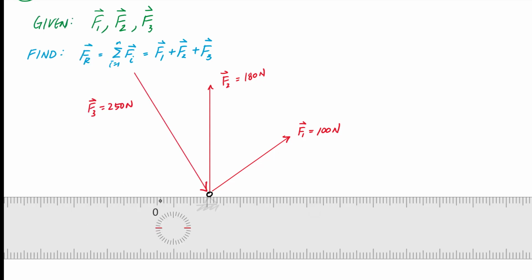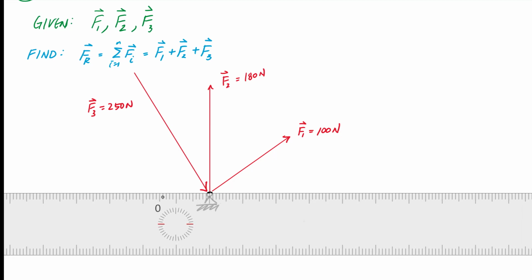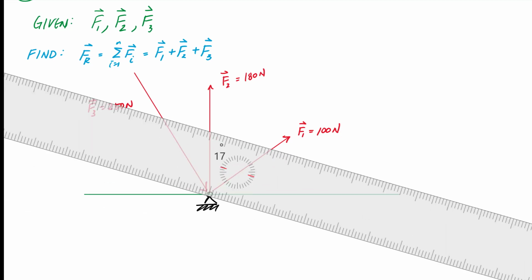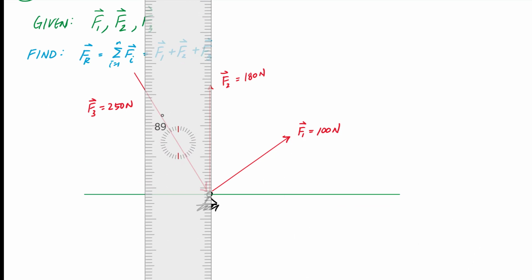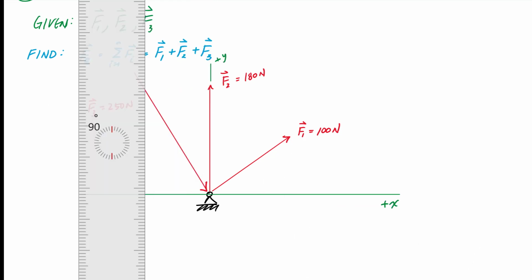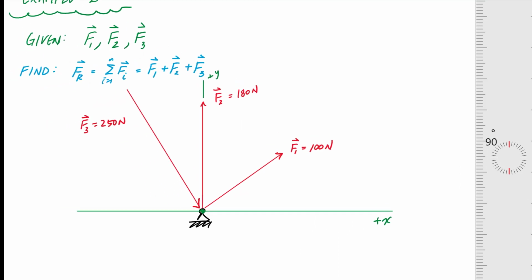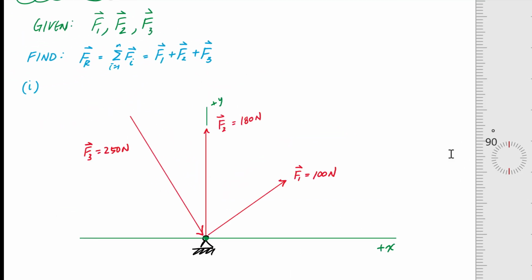This is our schematic, and we're going to choose x as positive to the right and y as positive upwards. And we chose the origin here at the concurrent point. Just as a friendly reminder, our approach, the first step, is to draw that schematic and establish a coordinate system. We have some geometry.